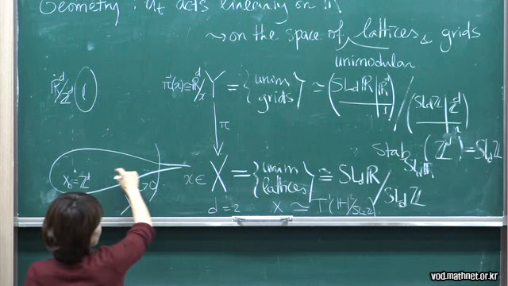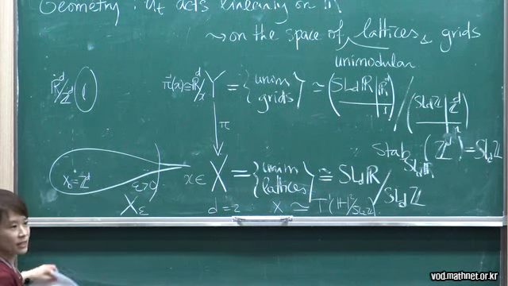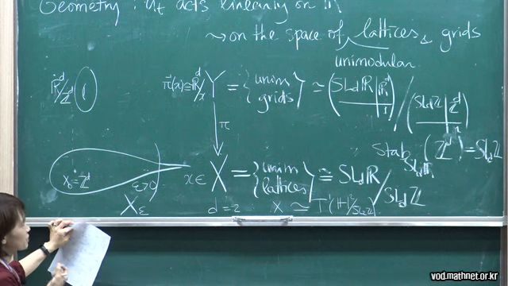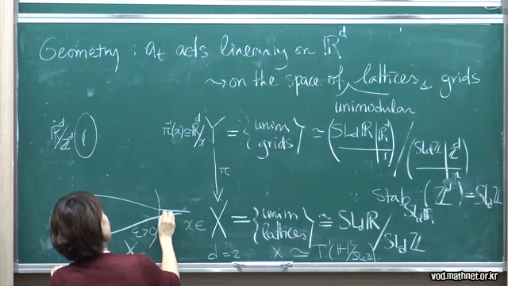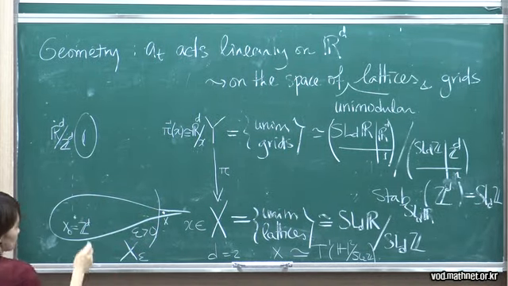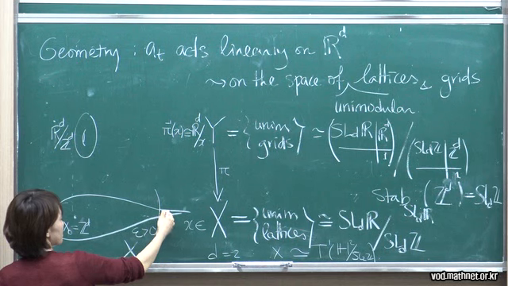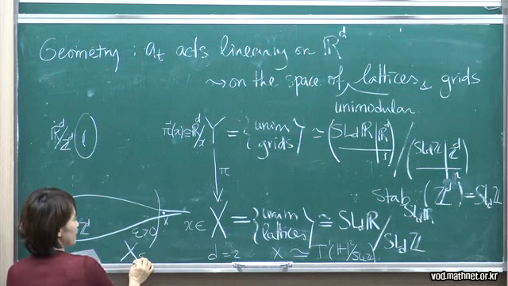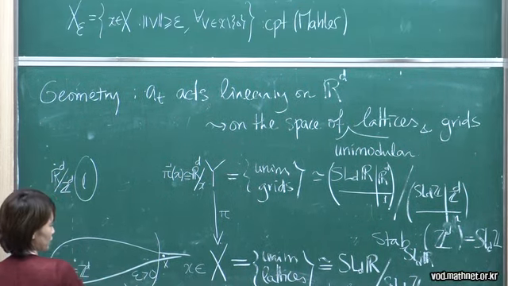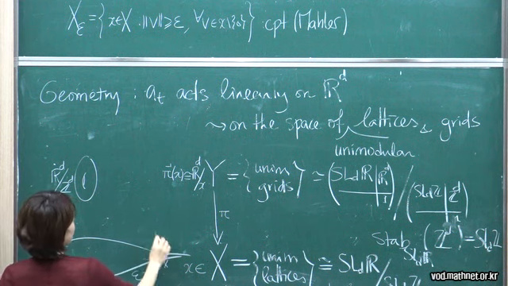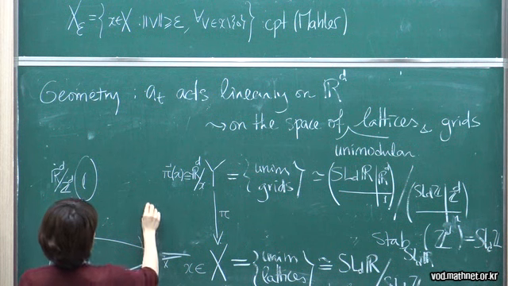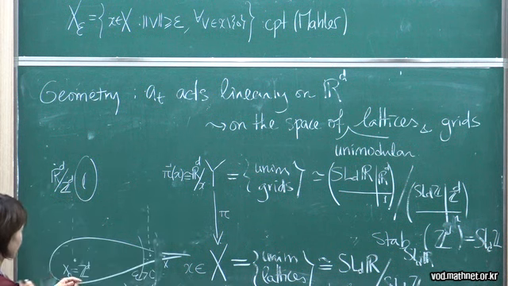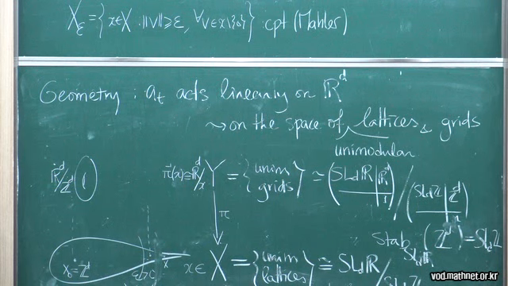And so this X_epsilon is the part you think of this way. If you want to go to the cusp, to infinity, you think of a lattice which has a very small vector inside. So if you have, let's say, another point far away in the cusp, that means that you have a vector of norm less than epsilon. Then upstairs you'll have a lattice with a basis, one of which is very small.